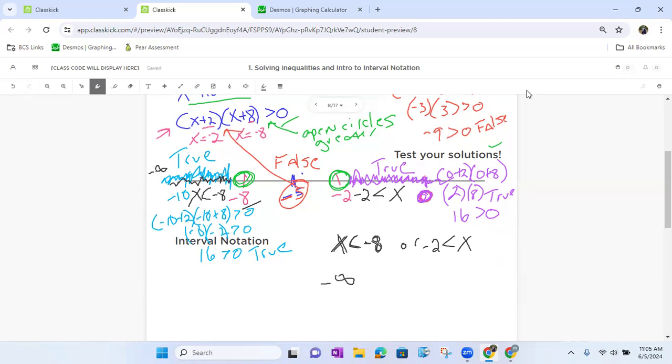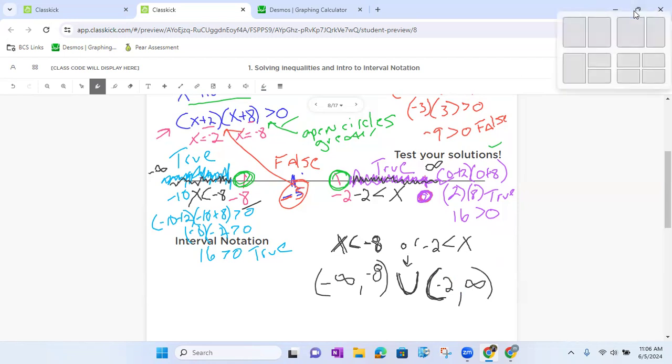So -infinity to -8, and I'm going to use parentheses because it is not included. The or is going to be the big U. And then all the answers that are greater than -2 go all the way up to infinity. So from -2, not including because it's an open circle, all the way up to infinity would be true answers.